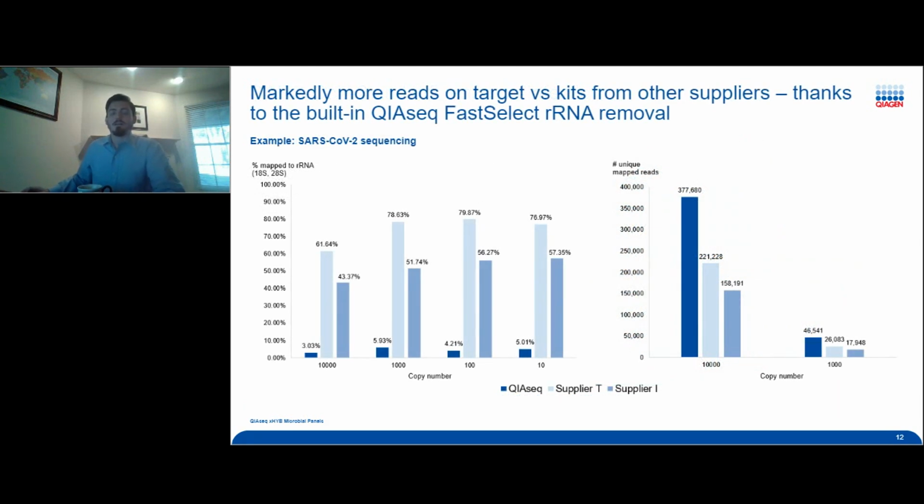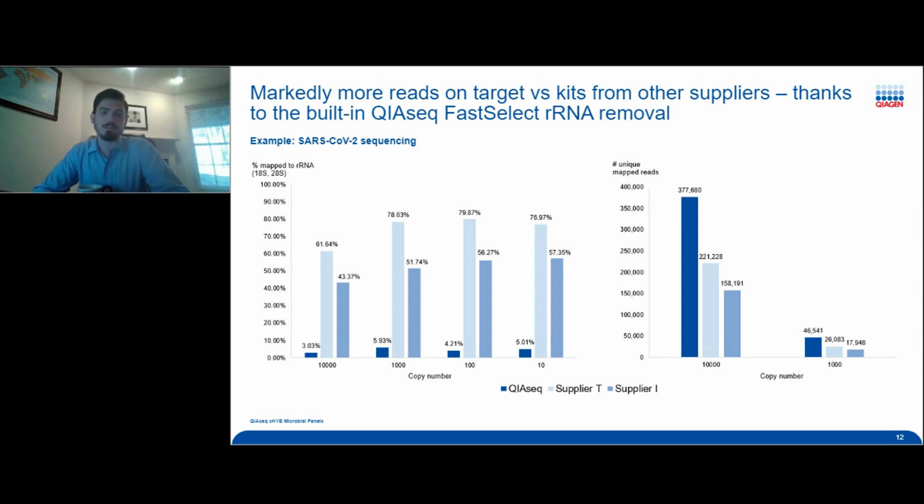So this is going back to what I mentioned before with the built-in fast select technology to our reverse transcription. The chart on the left is what I showed earlier, and the chart on the right is showing what this actually results in. This data was developed with our QIAseq Hive respiratory panel and was done on a SARS positive sample.